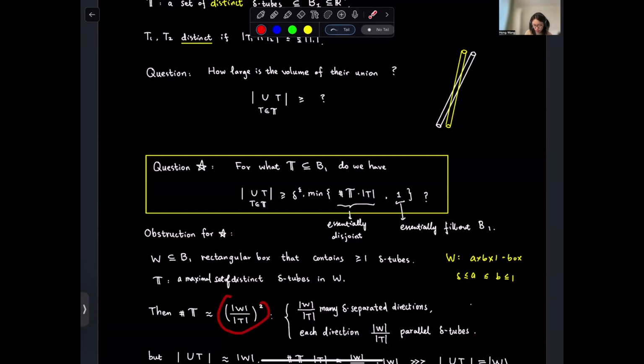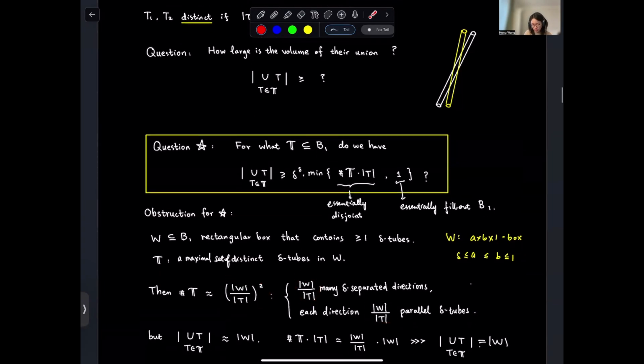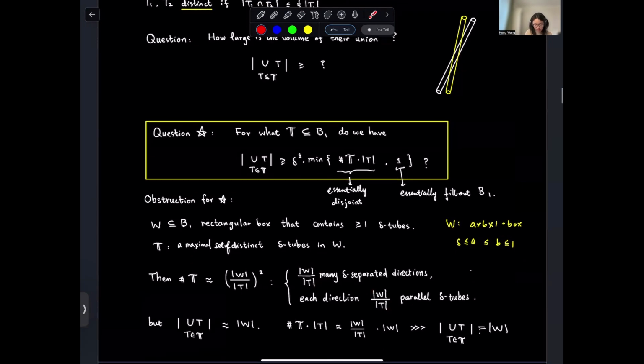So the total number is the number of directions times the number of parallel tubes in each direction. But the volume of their union, since they are all contained in W, is roughly equal to the volume of W. So now we try to plug in this example to this inequality.